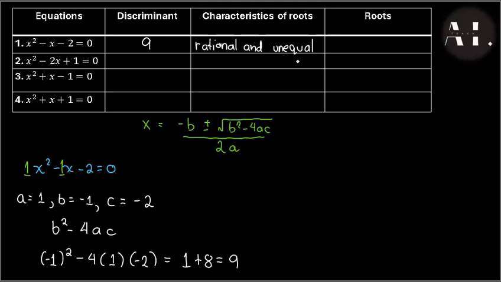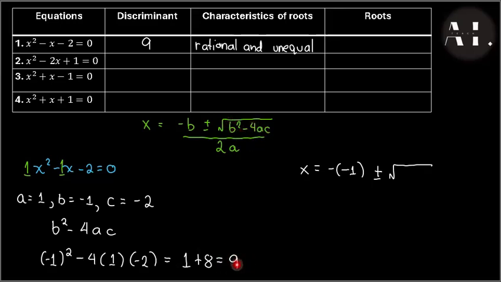Next, find the roots using the quadratic formula. Again, we need to substitute the values of a, b, and c plus the discriminant value. Take note that the discriminant value is inside our square root.